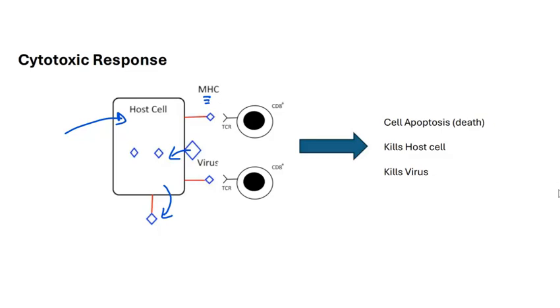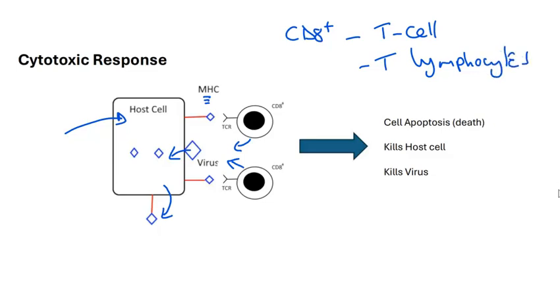And so these are now targeted by the clone of CD8 cells. It would be perfectly acceptable for you to refer to these as T cells or T lymphocytes. And these ones are very specific to this particular virus.